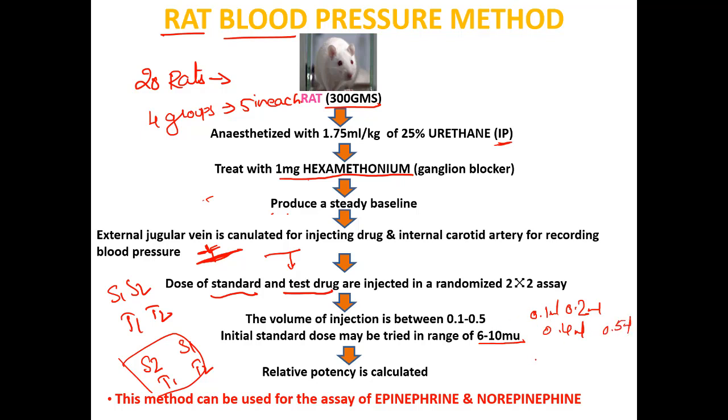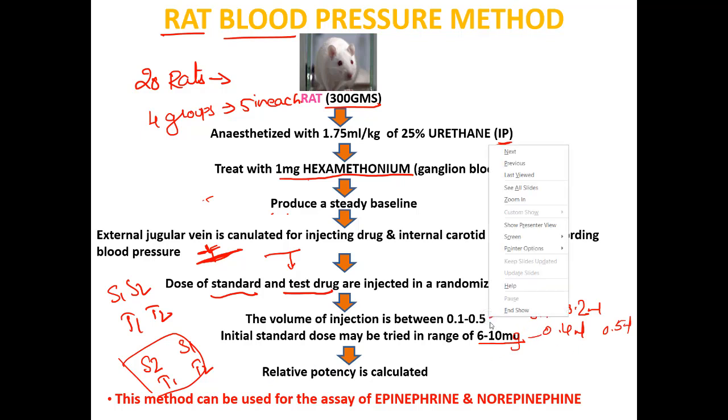We have to give these dosages, and we should also give standard dosages which will range from 6 to 10 micrograms. After taking the results of the test and standard, we have to calculate both and see the relative potency.